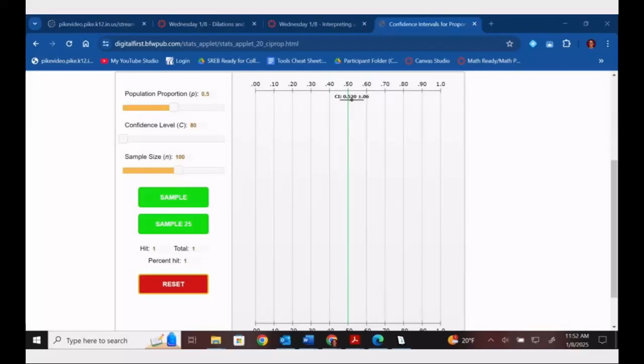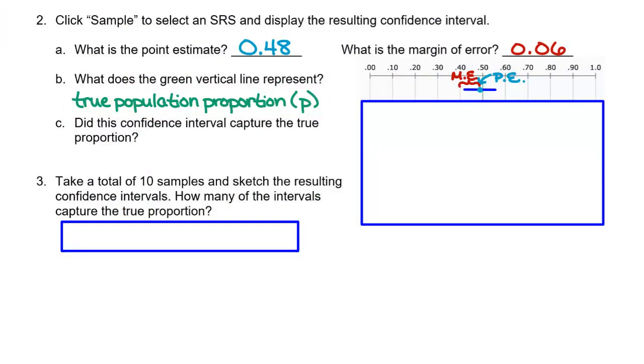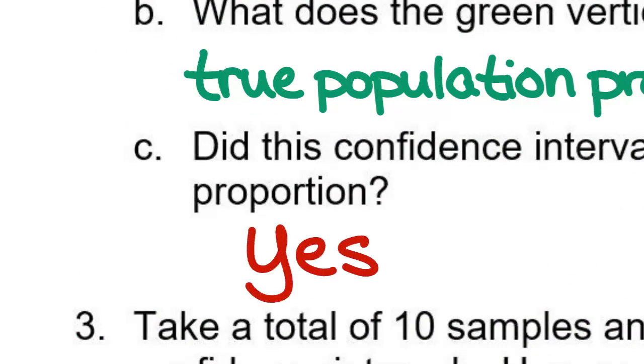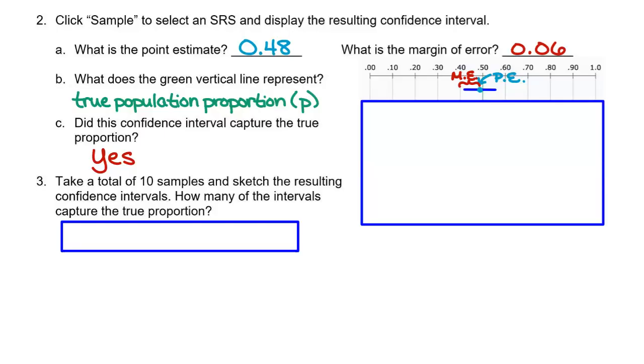And then you're going to answer whether or not your confidence interval captures the true proportion. Not all of them will, and that's okay. That doesn't mean you did something wrong. It doesn't mean it's broken. So the green vertical line represents the true population proportion. And then I want you to answer part C for your confidence interval. My confidence interval did capture the true population proportion.